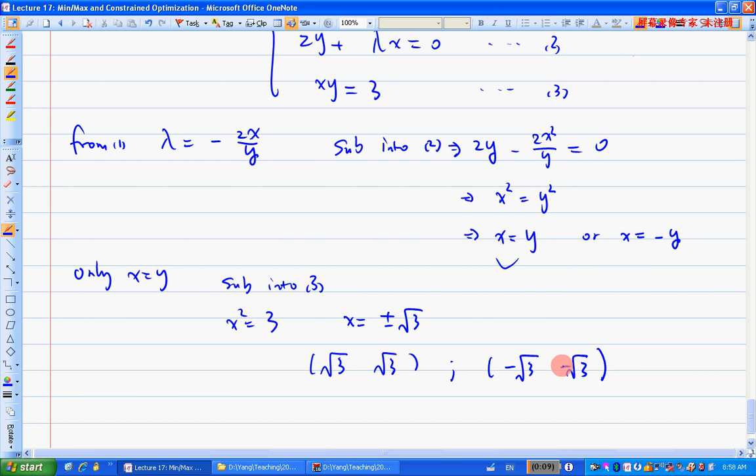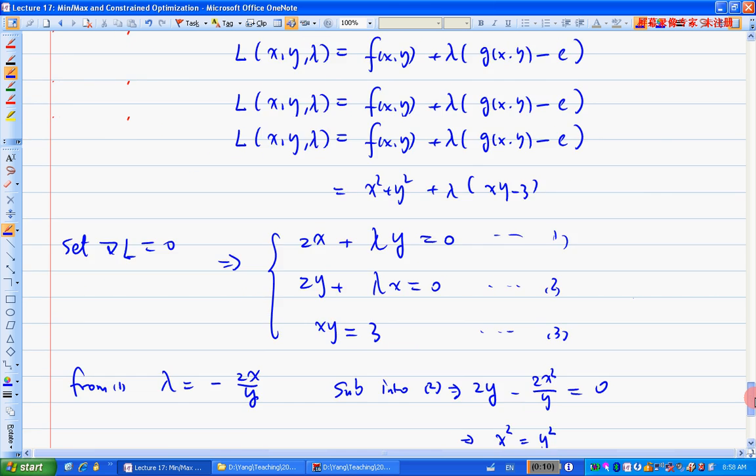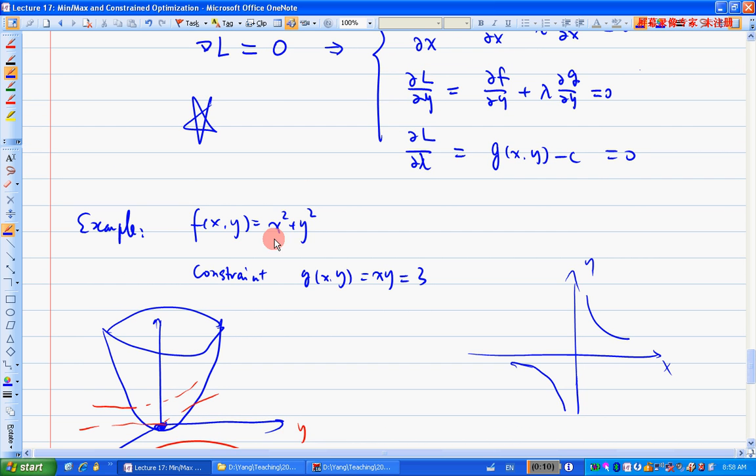At these 2 points, we have the minimum value for the function f equal to x squared plus y squared. And what is the minimum value? Plug in root 3 here and root 3 here. The minimum value for the function is 6.